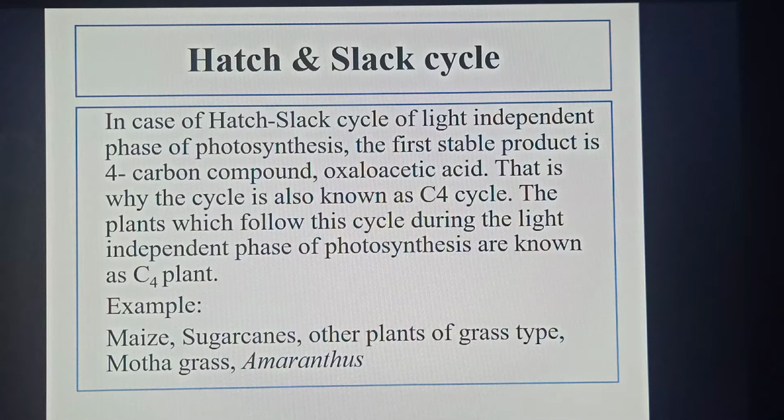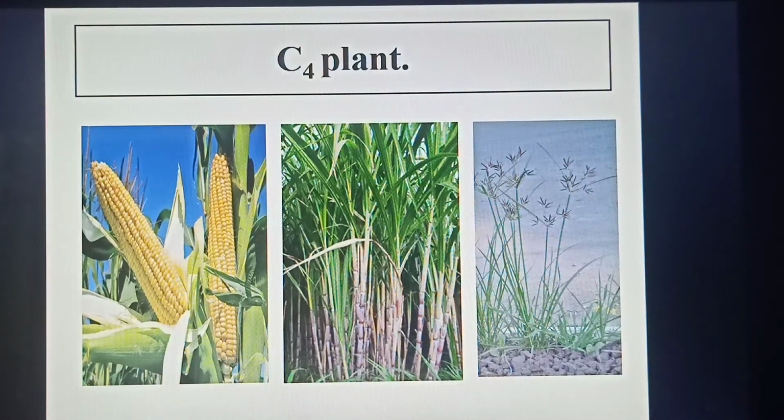The plants which follow this cycle during the light independent phase of photosynthesis are known as C4 plants. Examples of C4 plants are maize, sugarcane, other grass-type plants, motha grass, amaranthus, etc. This is maize, this is sugarcane, and this is amaranthus. These are the C4 plants.